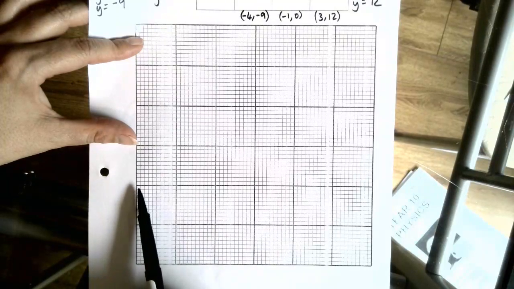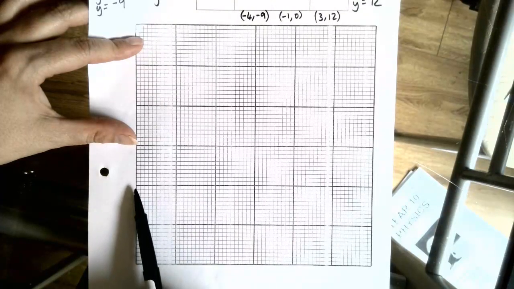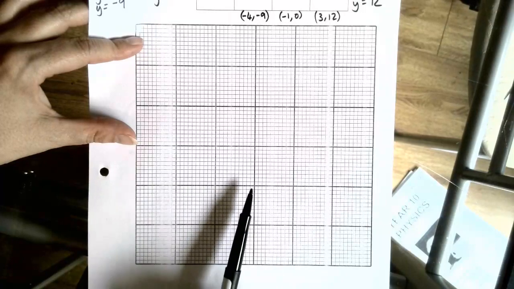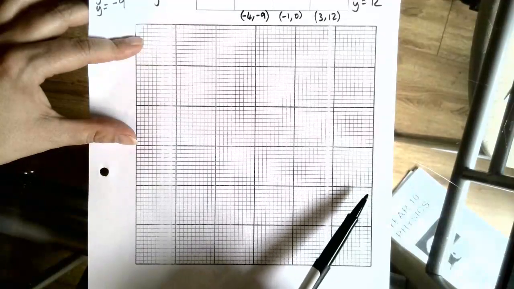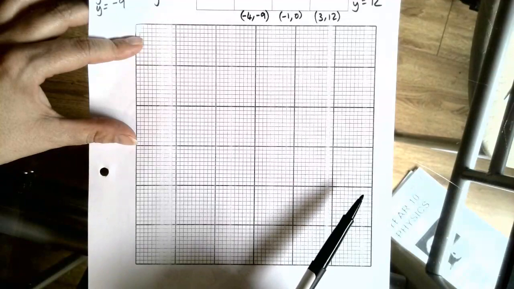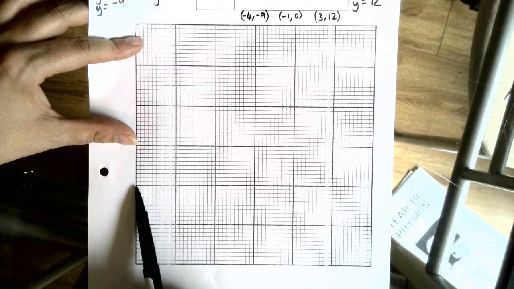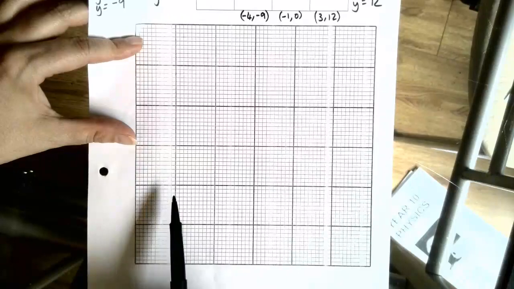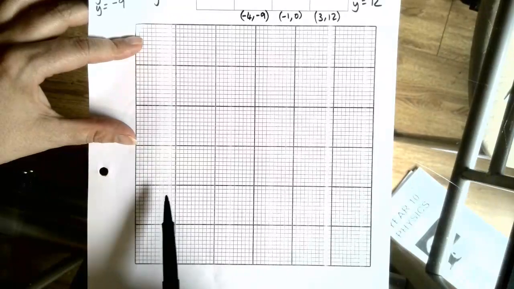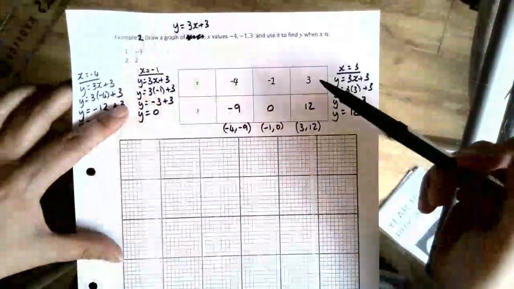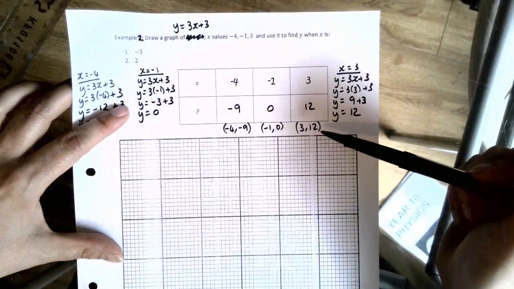If I start here at minus 4 and go every 1, minus 4, minus 3, minus 2, minus 1, 0, 1, 2, no, I can't get as far as 3 in that one. So in our x scale, we're going to have to use 2 for every 10 squares. In our y scale, we have to go from minus 9 to 12.